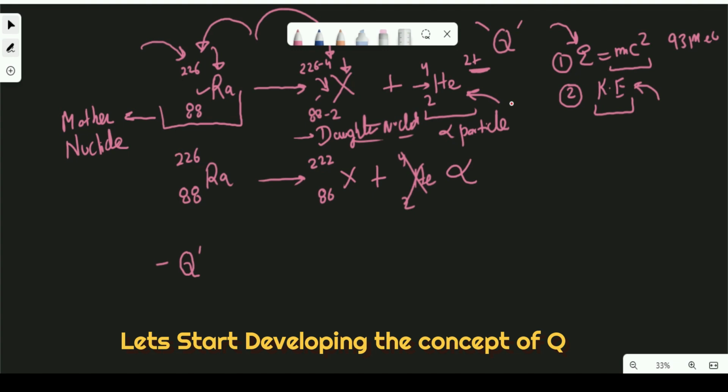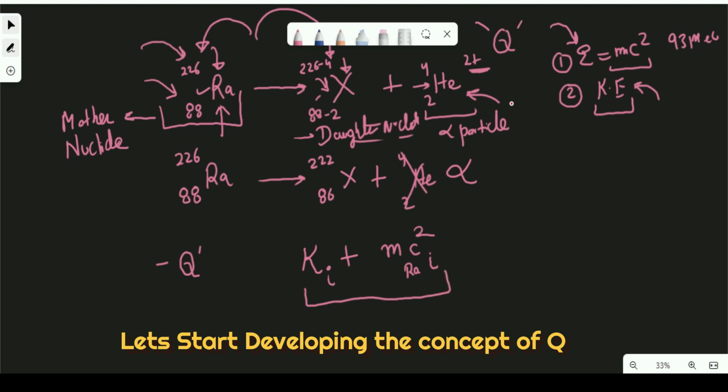So what you do is you see the situation on the left hand side of a general situation, and you say, okay, my left hand side has some kinetic energy, which you can write as initial, and I have some mass energy on the left hand side, which is the mass of the radium nuclide. So you can write this as mc square, with the initial mass. Okay, so this is the left hand side of a general equation.